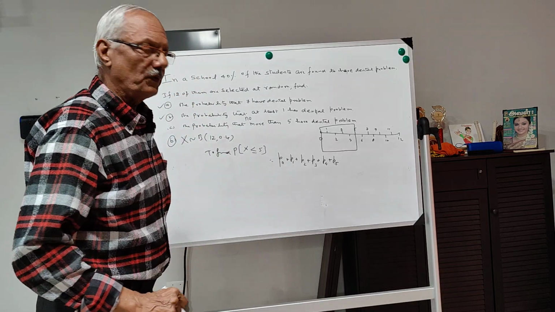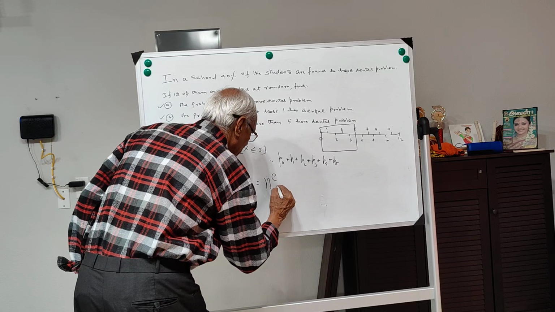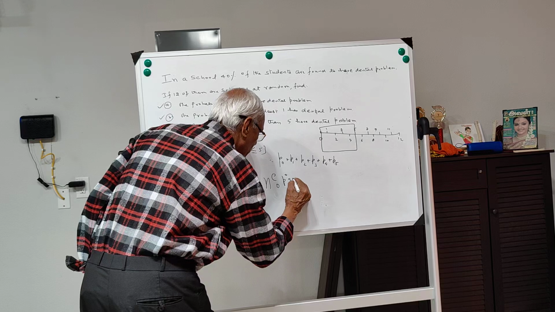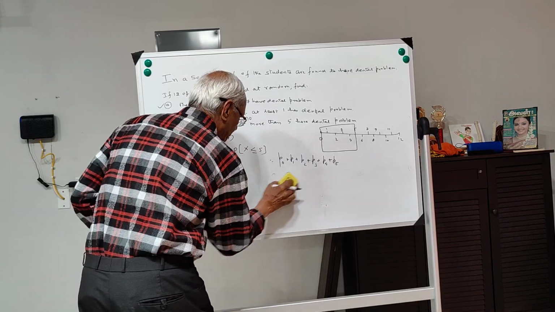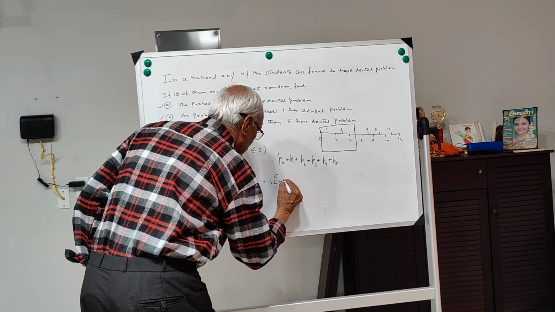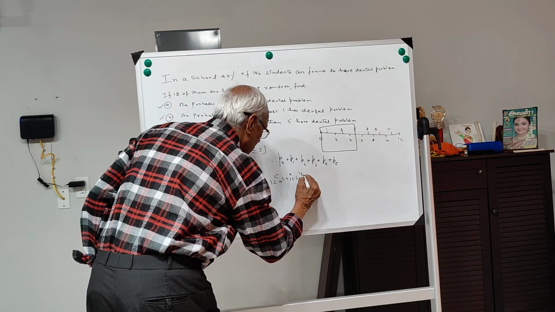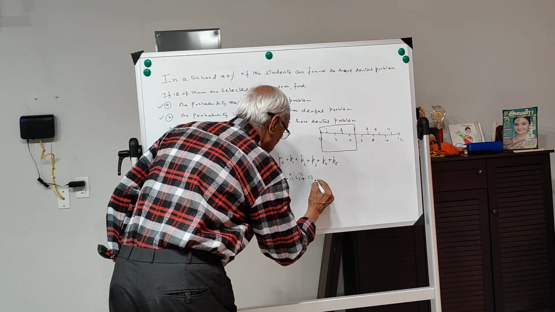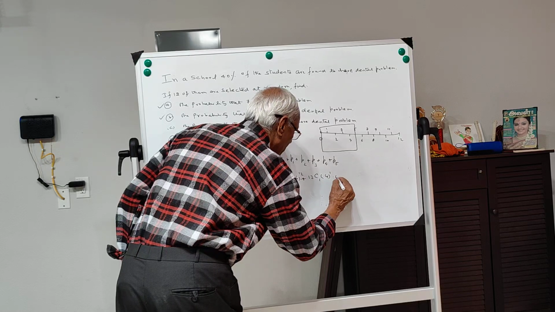So this is equal to 12C0, p to the power of 0, q to the power of 0. Here I am putting like this: 12C0, 0.4 to the power of 0, 0.6 to the power of 12, plus 12C1, 0.4 to the power of 1, 0.6 to the power of 11.